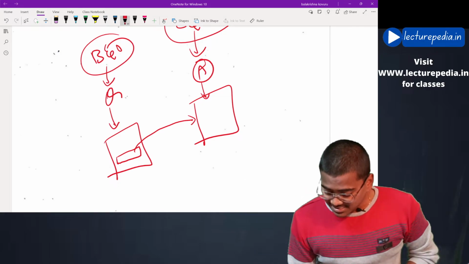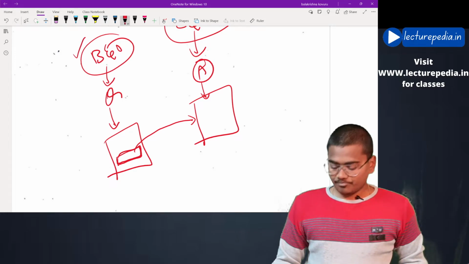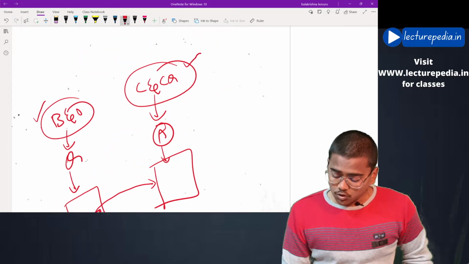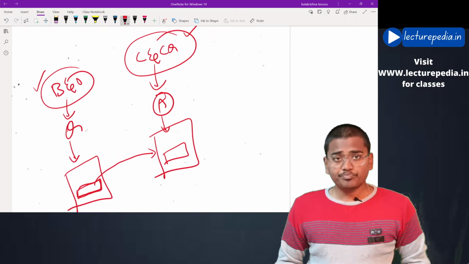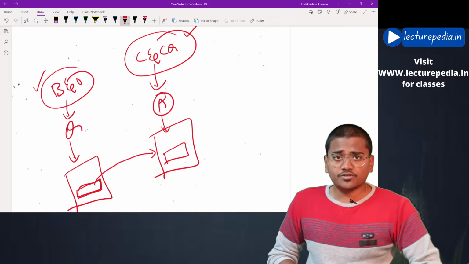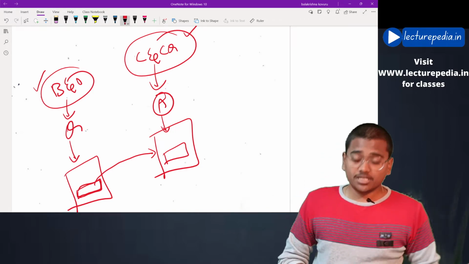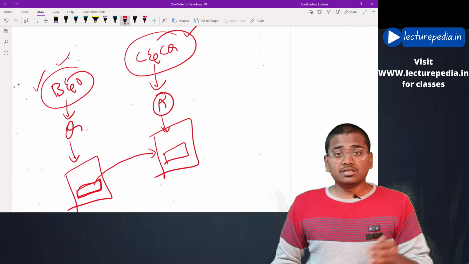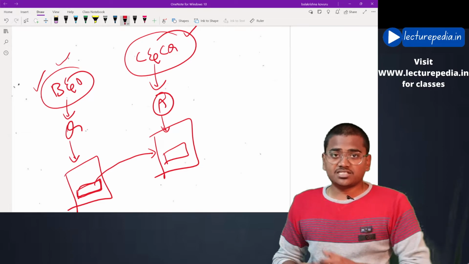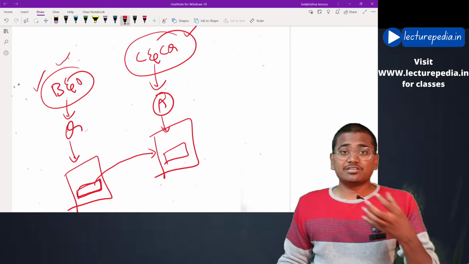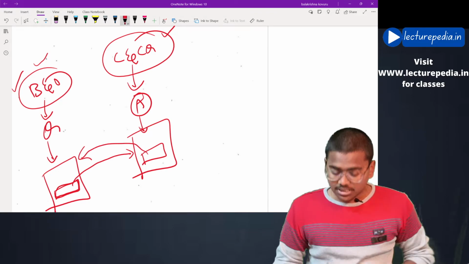Like this he has to mention in the audit report of B and Co. In the same way, C and Co should also mention in its audit report, stating to users of the financial statements, that there is another auditor by name B and Co. He is having a different opinion on the entity's financial statements. Thereby he has given a different audit report. You please refer to that audit report also.